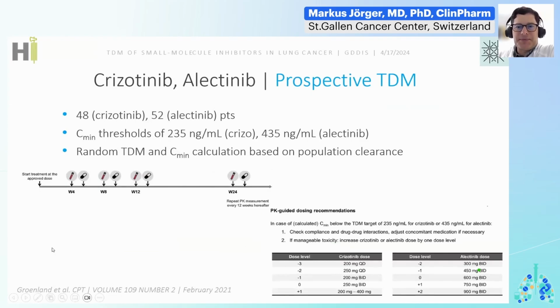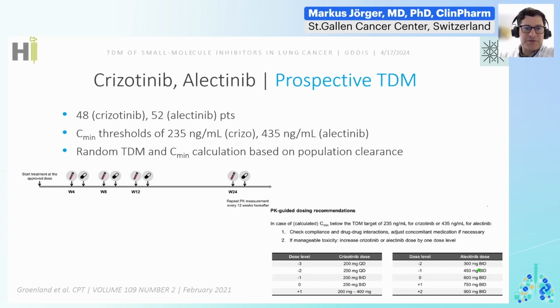Just to show the group of ALK inhibitors, what do we have for pharmacological data potentially working towards TDM? Here, I think clearly we have the strongest data for an exposure activity relationship for both alectinib and brigatinib, the two probably most frequently used ALK inhibitors.